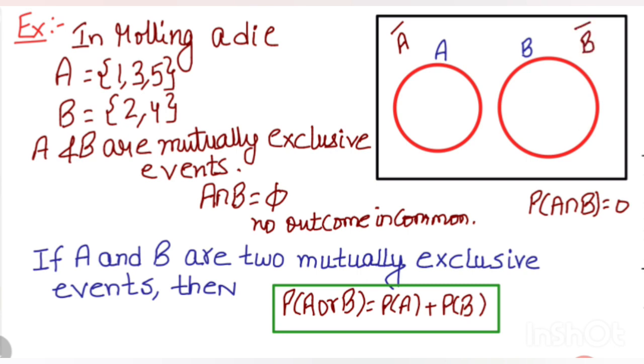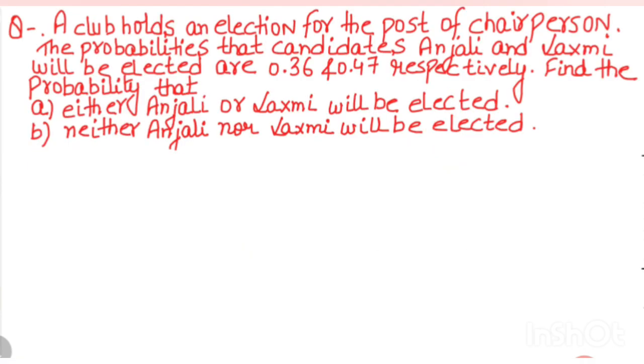Now the region excluding A as well as B can be written as A bar intersection B bar, because the region excluding B is B bar, the region excluding A is A bar, and the region excluding these two circles is A bar intersection B bar.